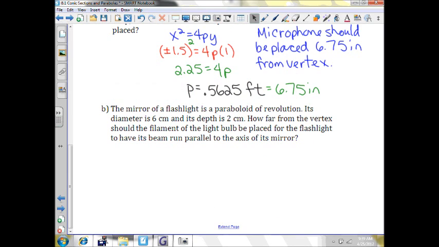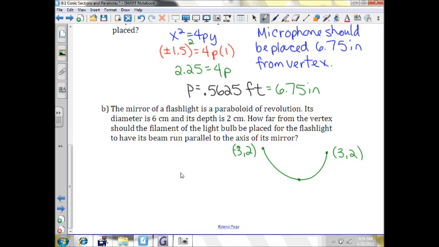Now again, in B, the mirror of a flashlight is parabolic. Its diameter is 6 centimeters and its depth is 2 centimeters. So again, we're going to have a parabola that looks just like this, with the vertex right here. This will be the point (3, 2). This will be the point (-3, 2).